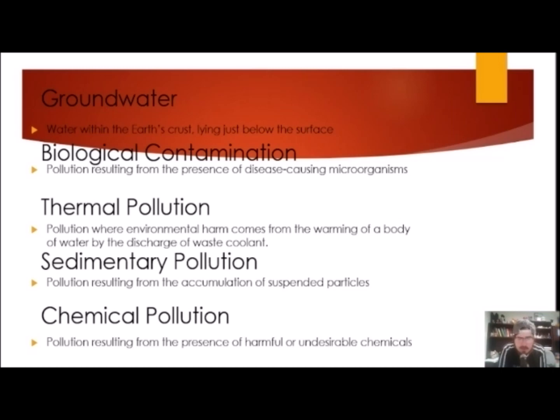Now, while we use and largely return about 4,300 cubic kilometers of fresh water from our lakes, our rivers, our streams, and our groundwater, there is still some that is wasted. Now, groundwater is just water within the Earth's crust, lying just below the surface.